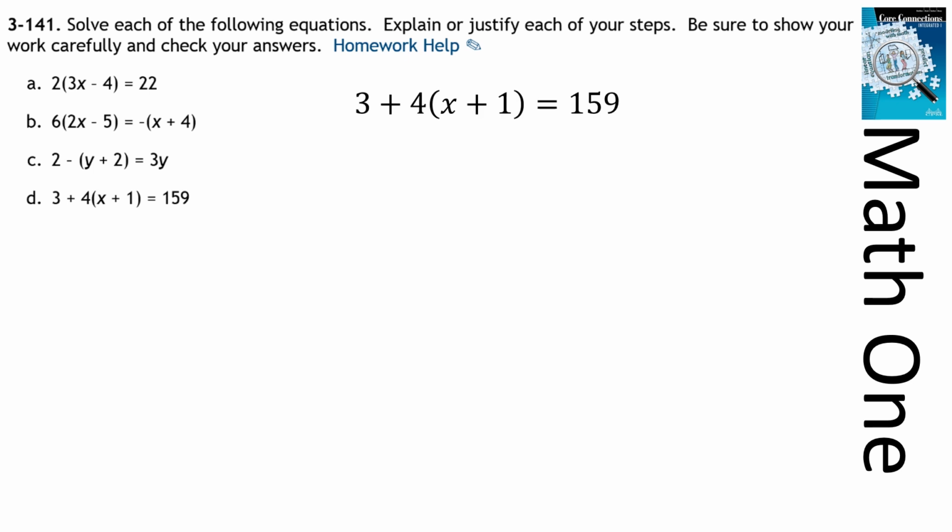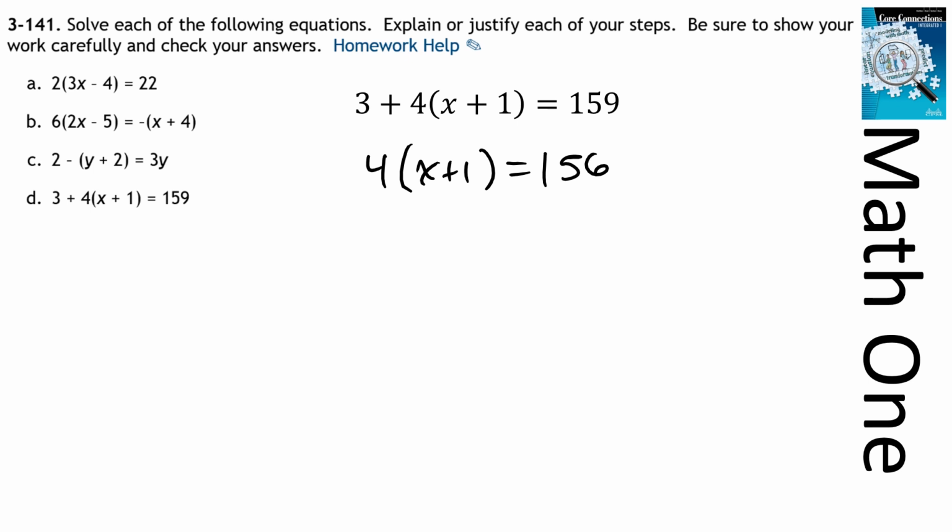And then our last exercise here, I have 3 plus 4 times the quantity of x plus 1 equals 159. I'm going to subtract 3 from both sides. So that's going to give me 4 times x plus 1 is equal to 156. And I think the next thing I'm going to do is not use the distributive property.